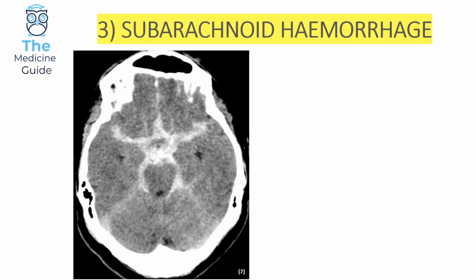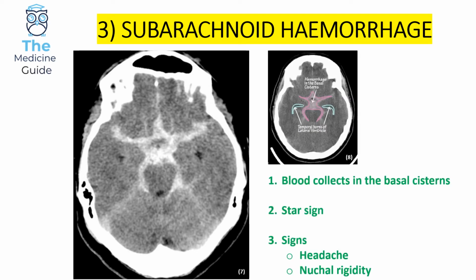So this example is of a subarachnoid hemorrhage. A subarachnoid hemorrhage occurs because blood is collecting in the basal cistern. It may present in a patient who has a history of berry aneurysms, where the aneurysm has ruptured. That's one classical presentation.